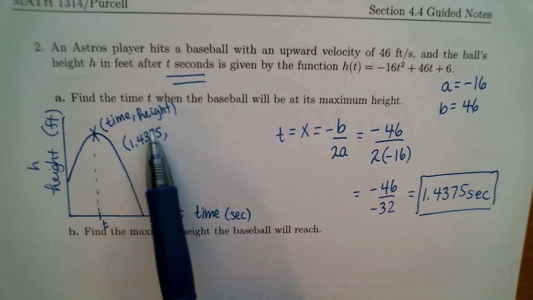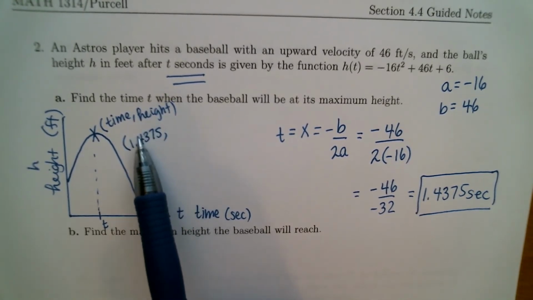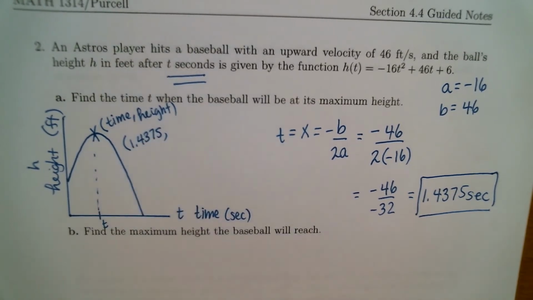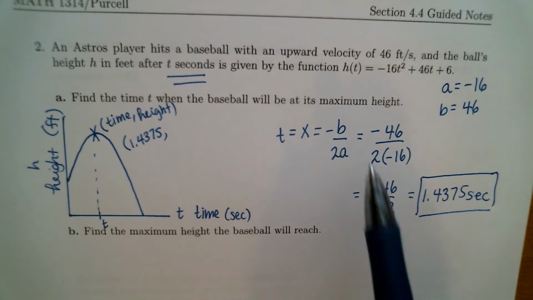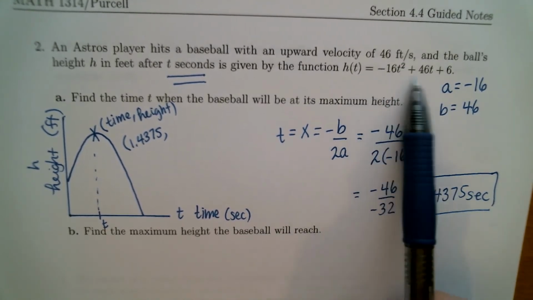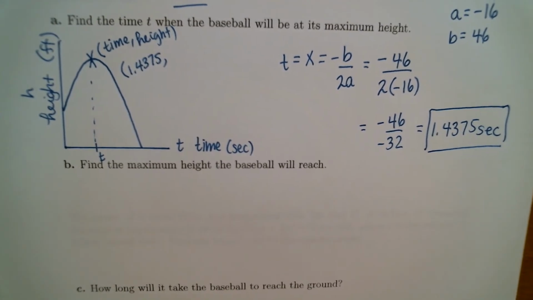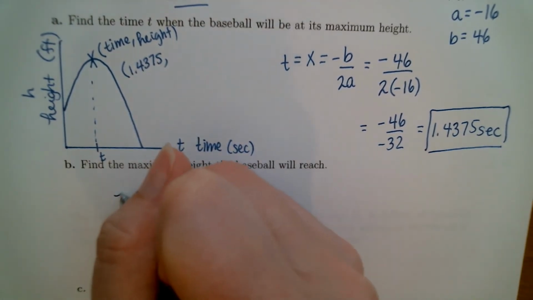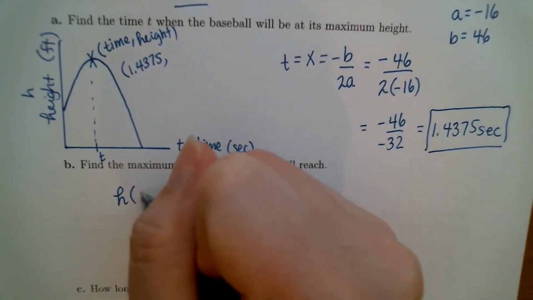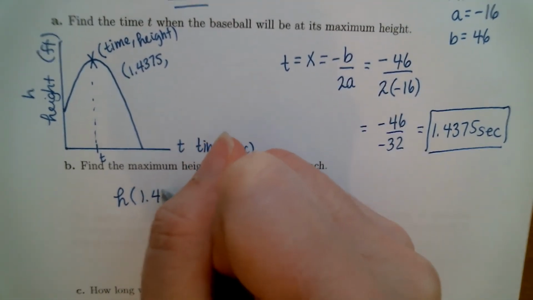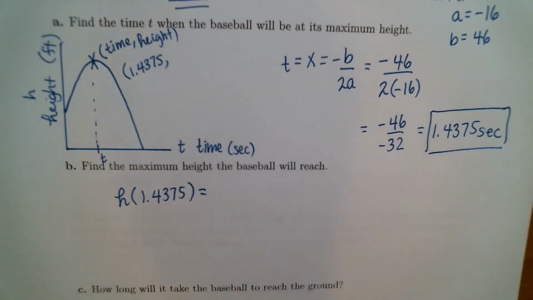We know this baseball reaches its maximum height at this time value, 1.4375 seconds. So all we need to do is plug that time value into the original function to get the height at that time. To find the maximum height, we're going to plug 1.4375 into the original equation.